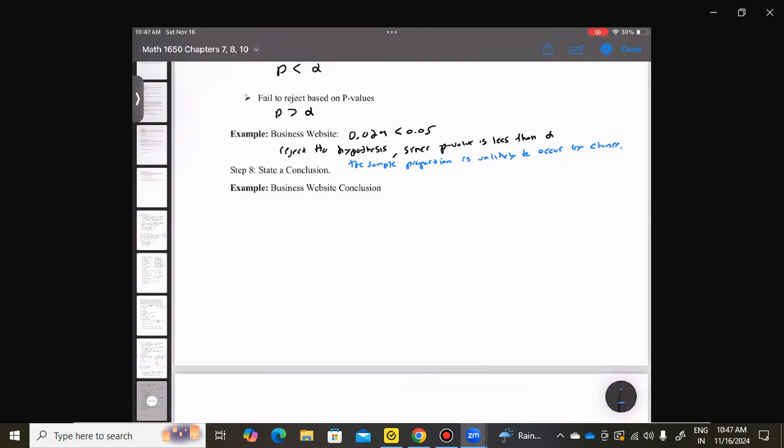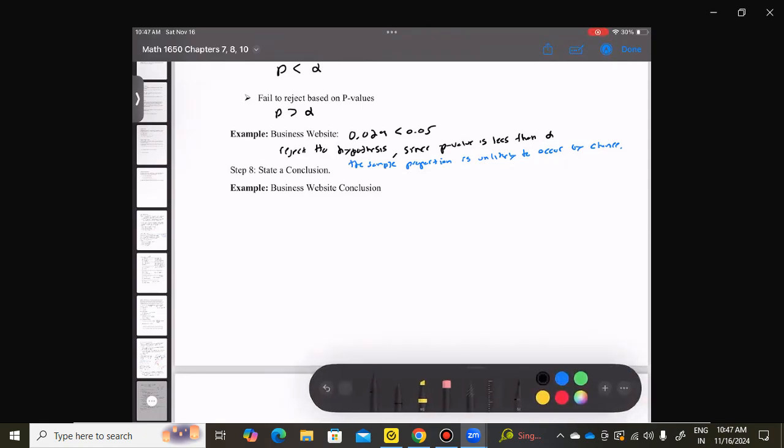Alright, so now we want to write, and this is the last step, write a conclusion, and we have to bring the conclusion back to the claim. We can't just say, oh, we reject the null, or we don't reject the null. We have to bring it back to the claim and determine what this means.